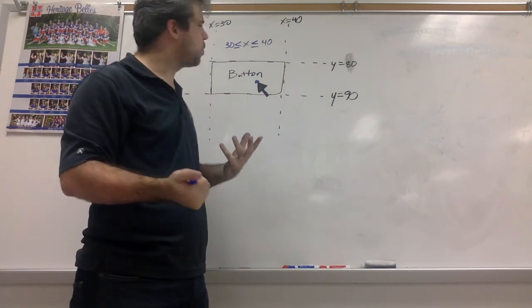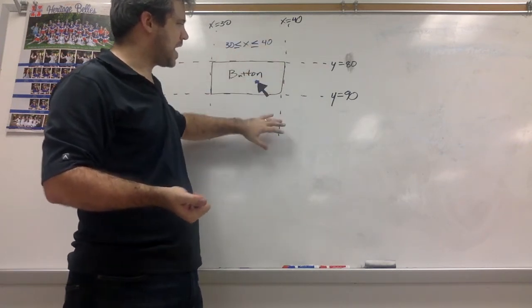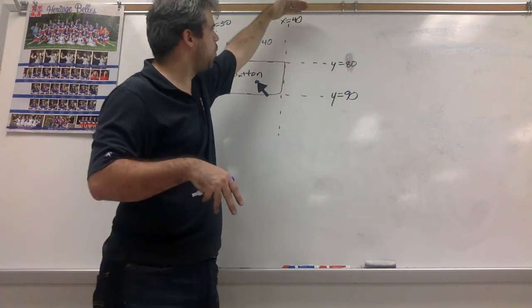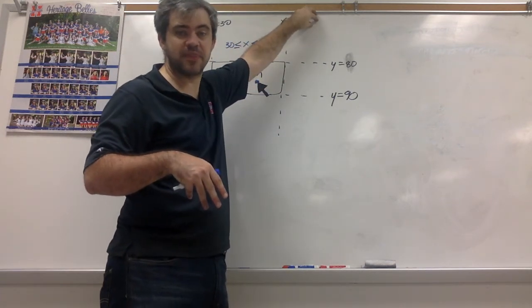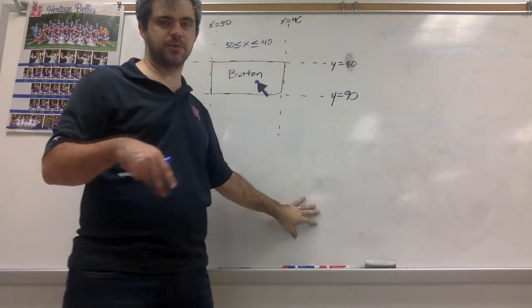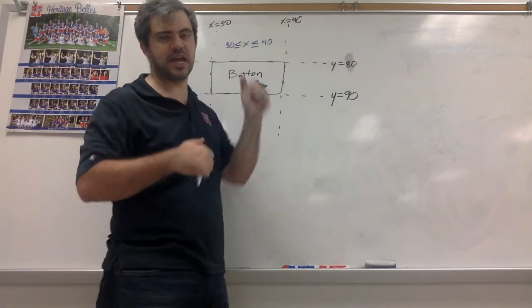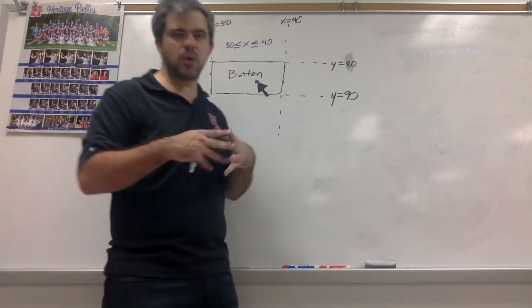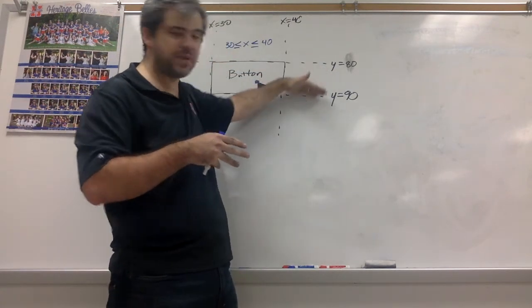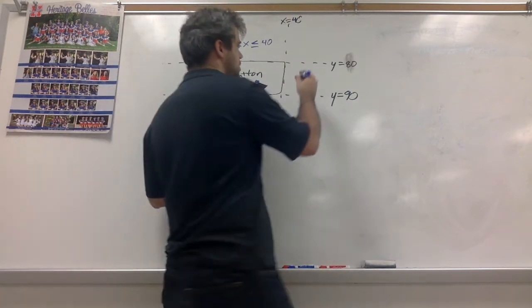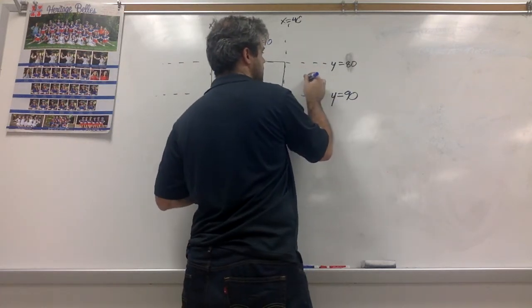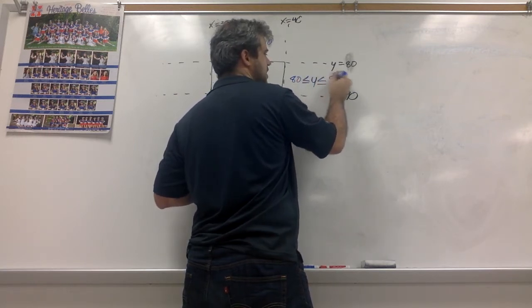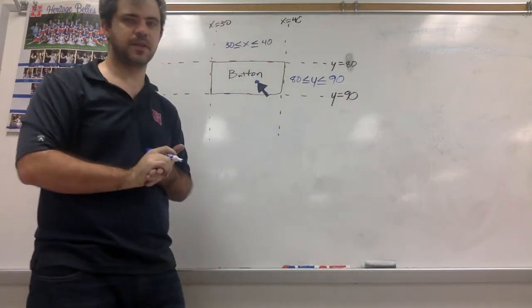By the way, you'll notice whenever you do locations in programming, usually y starts from 0 at the top and goes to bigger numbers going down, and it doesn't have any negative values. So this is 80, this is 90. If you want your value to be in between here, we have to say that y is greater than or equal to 80 and less than or equal to 90.